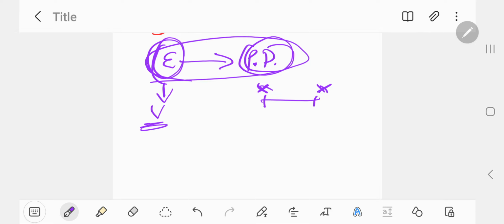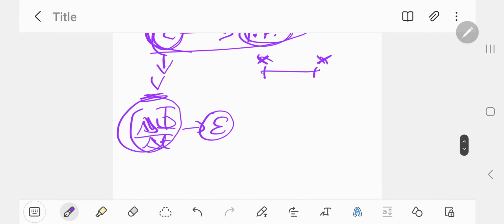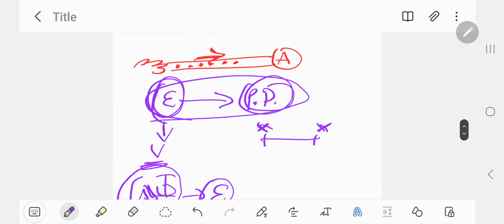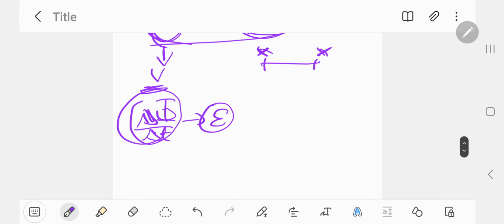And how does Lenz's law come in? Well, as I mentioned, changing magnetic flux, delta phi over delta t, induces an EMF, according to Faraday. And the faster the magnetic field changes, the greater the EMF, the greater the voltage. Lenz's law states, and this is what the minus sign in Faraday's law is, literally Lenz's law, that the EMF induces a current in the coil of wire.